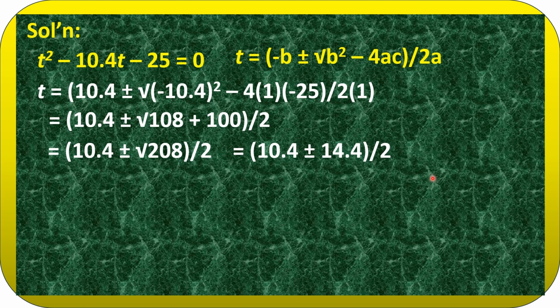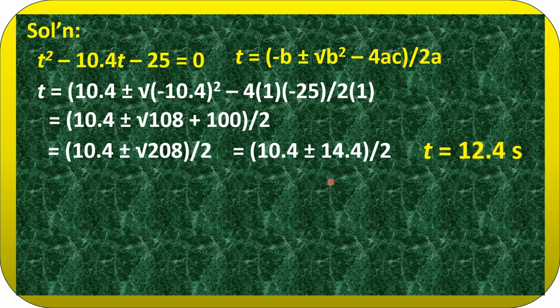There's no such negative time. So we will just consider adding 10.4 plus 14.4, then divide by 2. Our result is that the value for the time t is equal to 12.4 seconds.